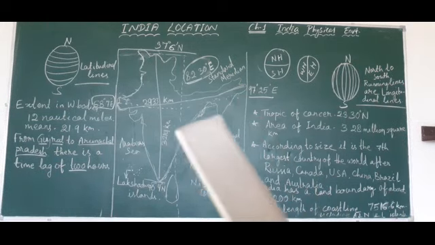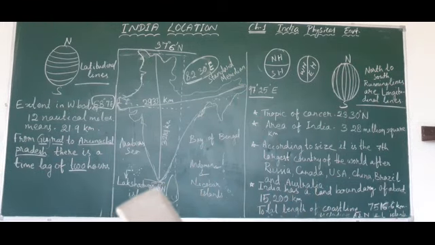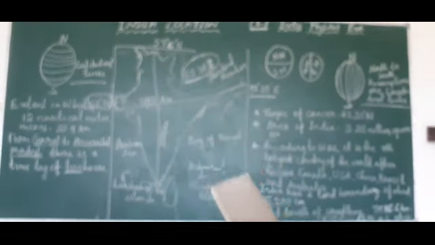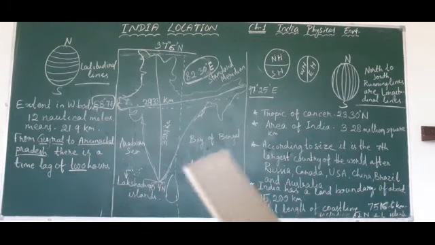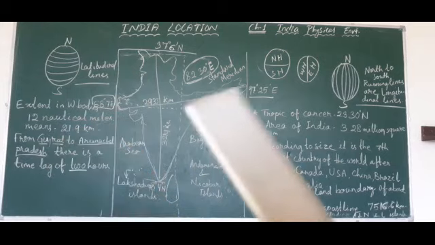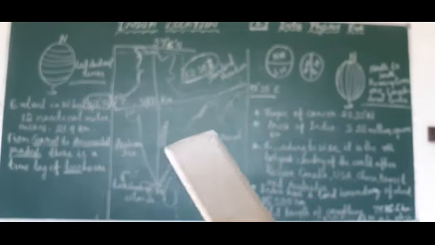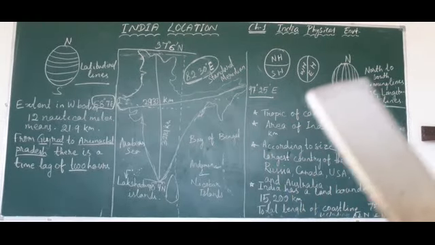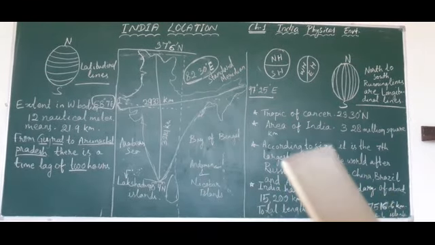India lies between 8 degree 4 minute north to 37 degree 6 minute north latitudinal line, whereas 68 degree 7 minute east to 97 degree 25 minute east longitudinal line.